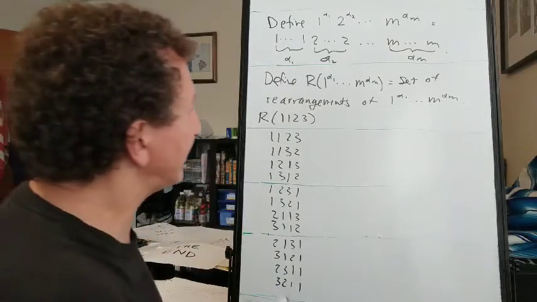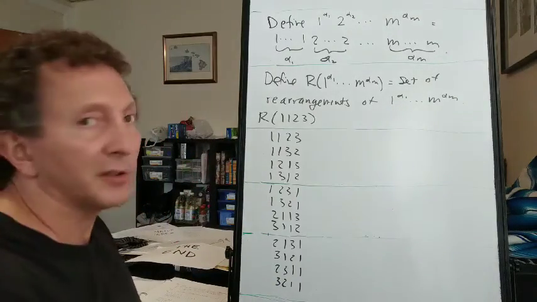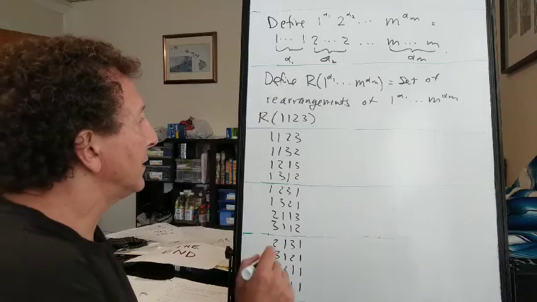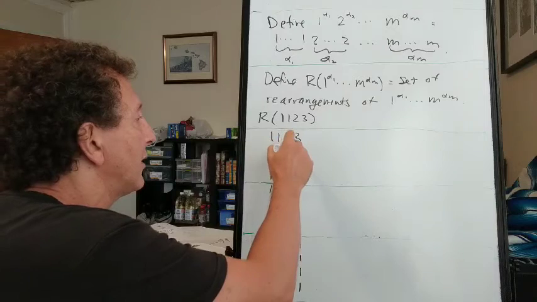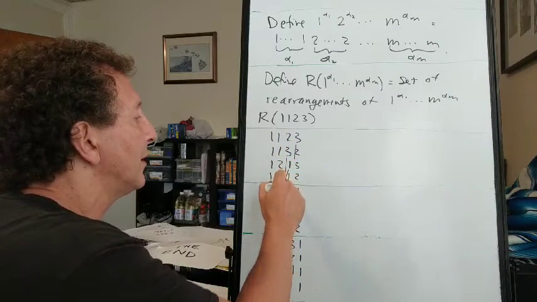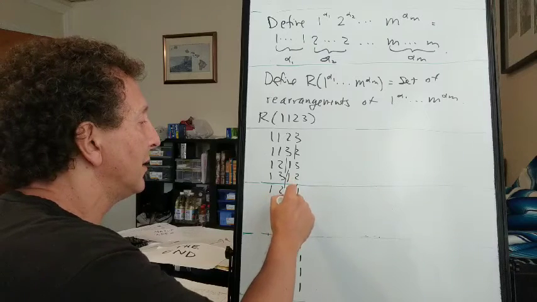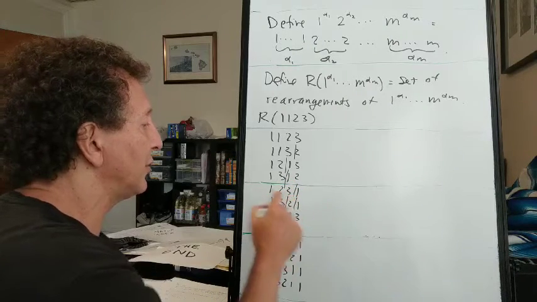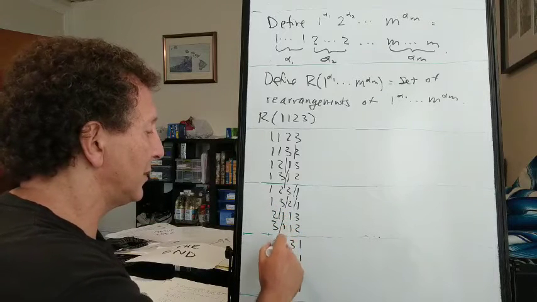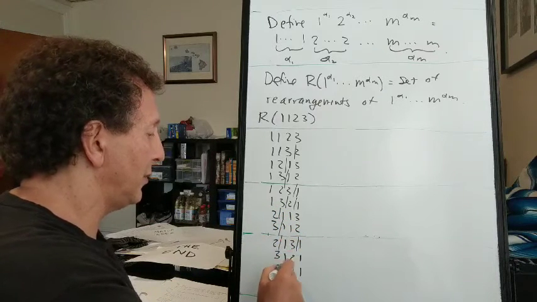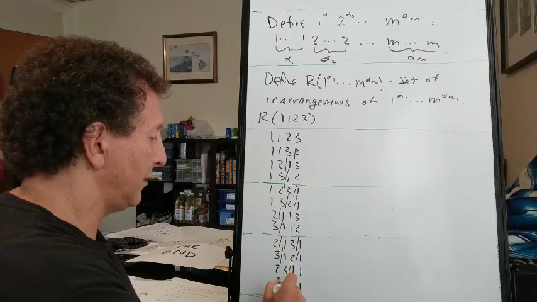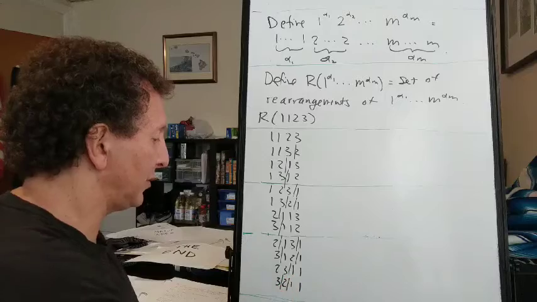So we can define a descent in a word rearrangement just like we do in a permutation. It's a large letter followed immediately by a small letter. So let's mark in the descents. 3 is bigger than 2, 2 is bigger than 1, 3 is bigger than 1, 3 is bigger than 1, 3 is bigger than 2, which is bigger than 1, 2 is bigger than 1, 3 is bigger than 1, 2 1 3 1, 3 1 2 1, 3 is bigger than 1, 3 is bigger than 2, which is bigger than 1.